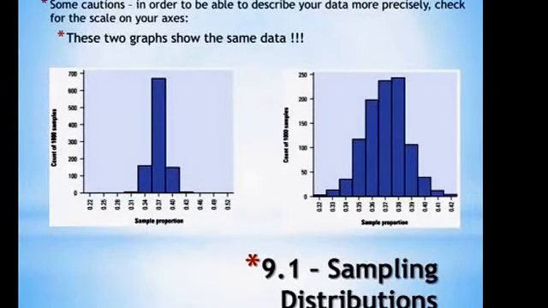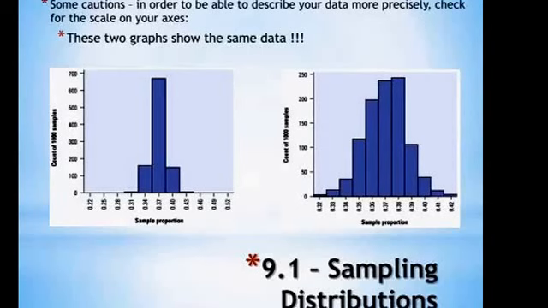Some cautions, in order to be able to describe your data more precisely, is check your scale and your axis. Now look, these graphs represent the same data. If you look on the left, the vertical axis is going by hundreds, where on the right histogram we're going by 50s, so it looks a lot different.